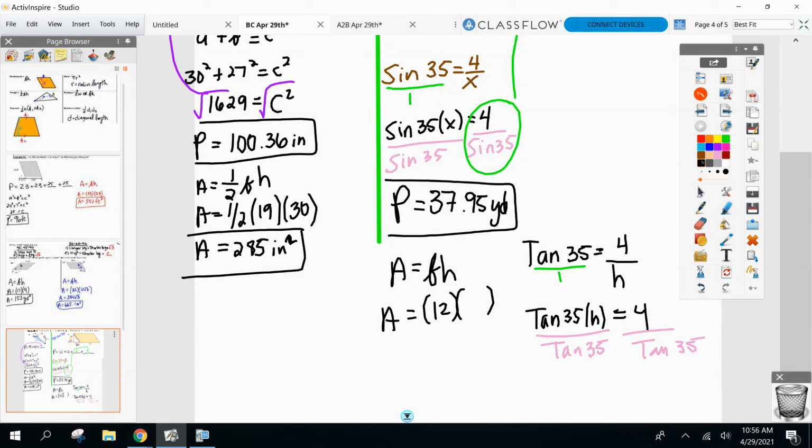Now you know what I mean by it's not basic. 68.55 square yards.